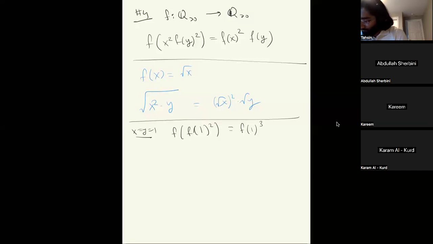So f of 1 squared equals f of 1 cubed. Okay, so that's a nice relation. I don't immediately know what to do with it. So what are some other things we can try?